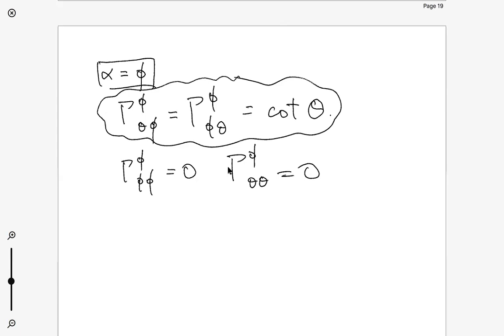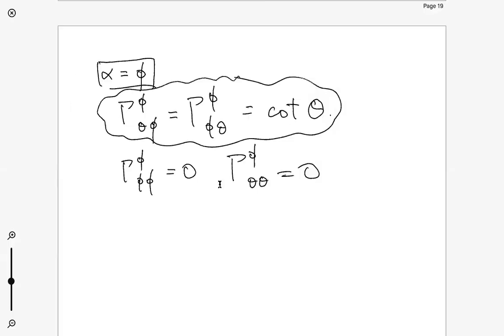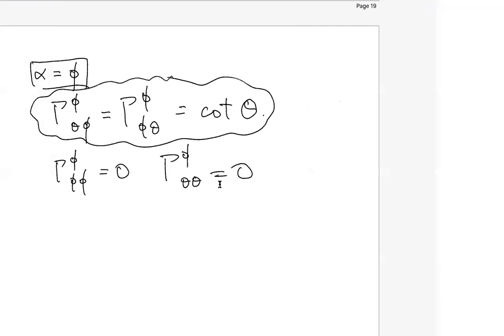Okay, so let's move to the Riemann tensor. I'm sorry, it's 5 already. I will try my best to demonstrate this as quick as I can. So now we are asked to compute this term.